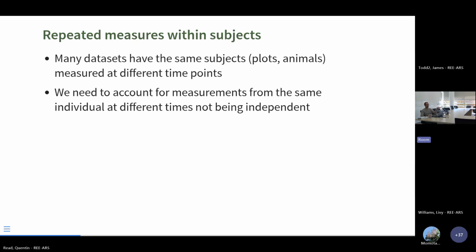If you're measuring growth over time, maybe one started out bigger and one started out a bit smaller. So multiple measurements from the same individual are not independent measurements of body mass or whatever; they're correlated because they're from the same individual on different days. So we have to account for that.